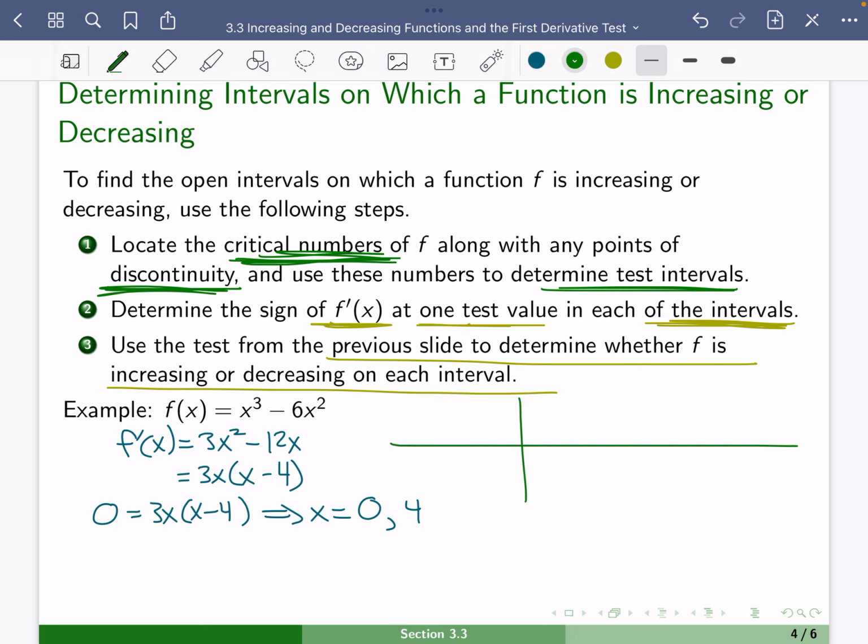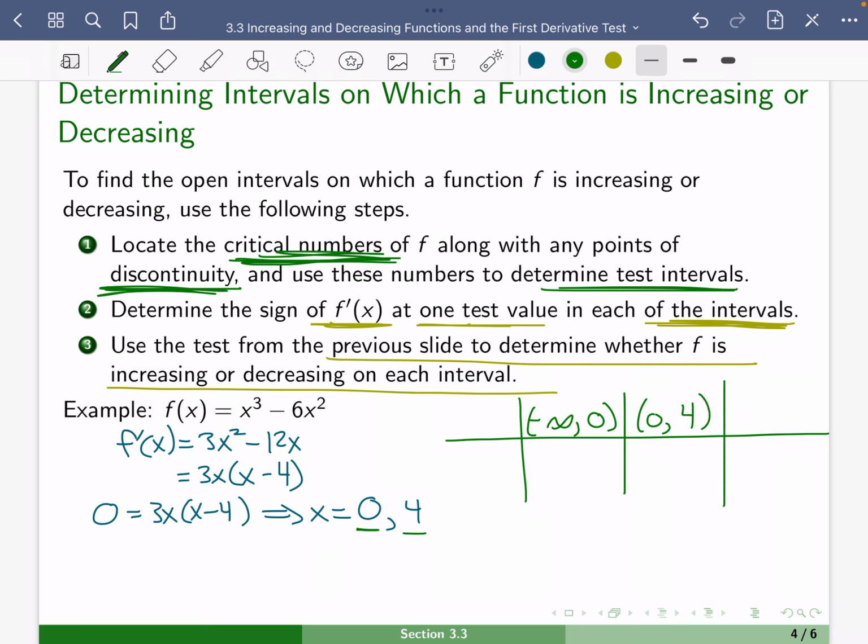Well, starting at negative infinity, we are going to go from negative infinity up to 0. And then on the other side of 0 up to 4. And then from 4 up to infinity.